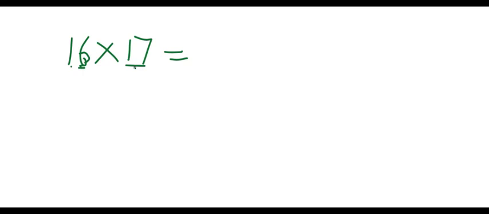So 17 plus 6 is 23. And so I'm going to attach 0 and say 230. So 230 is in my mind. Then I'll multiply 6 times 7, which is 42. And 42 plus 230 will give me 272. Right. I think that's very cool.